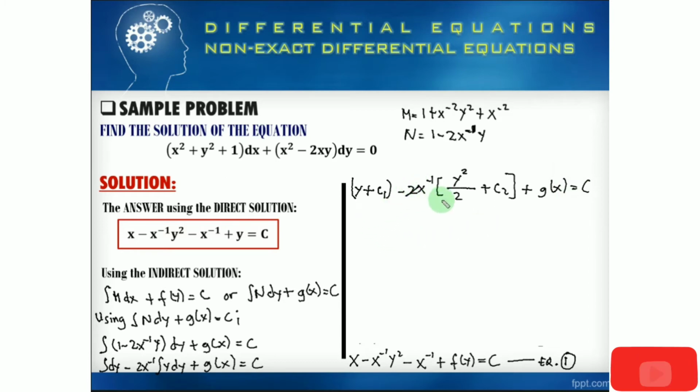So 2 is eliminated here. So we have this y plus c1, we have here minus, we distribute this x raised to the negative 1 to this y squared. So this is minus x to the negative 1 y squared, and then minus c2 x raised to the negative 1, and then plus we have this j of x equal now to c. So we separate now the constant.